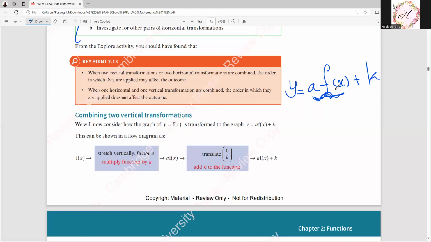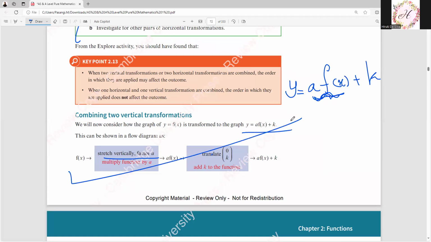So first we take the function f(x), then stretch vertically by factor a, and then translate it by (0, k). The x-axis won't change, only the y-axis will change.